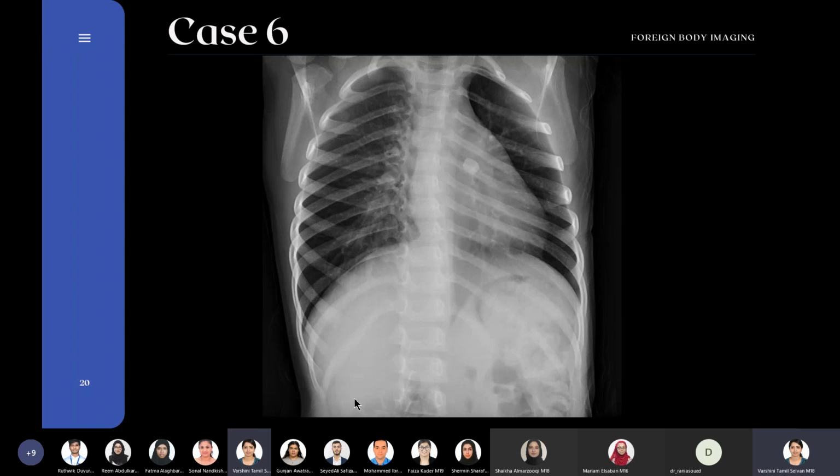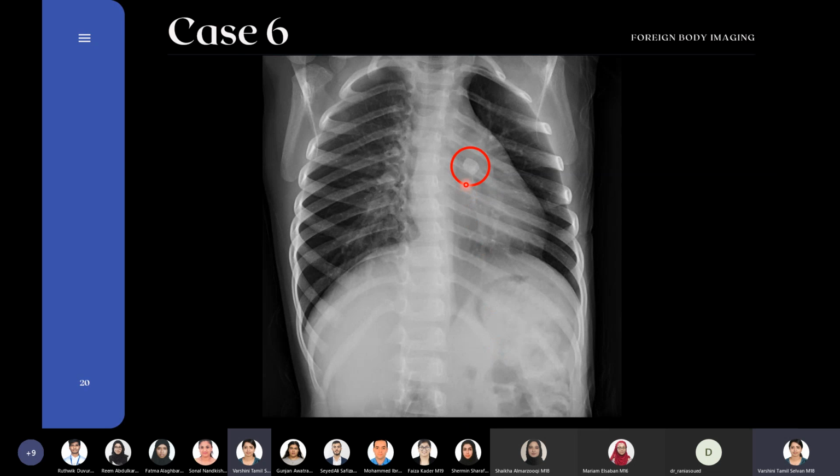I have another image of the same case, another X-ray, and you can see clearly now where the stone is. Can you see the stone, guys? You can see the stone, yes? Yes, absolutely. It's very tricky, isn't it? Now it's more obvious.